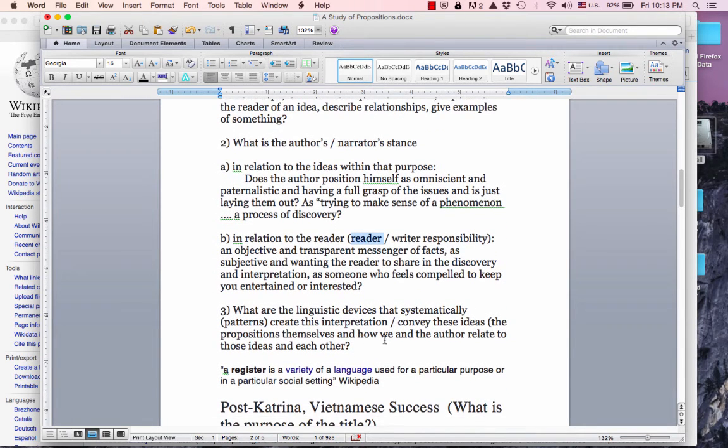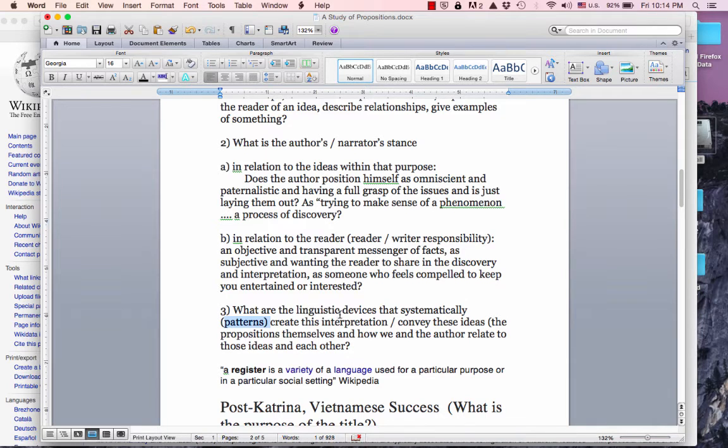The third question, which is really where we jump in once we get an overview of the text that we're studying, and we've settled on some ideas. Well, then the next question is, what are the actual linguistic devices that systematically, and by systematically I mean that are done with regular patterns of lexicon, of grammar, of sentence structure, of paragraph structure.